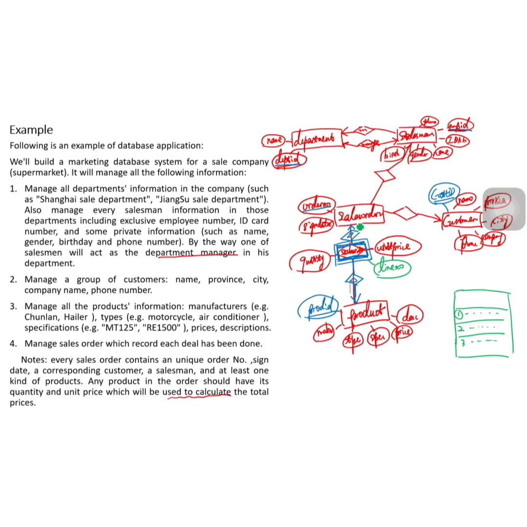We'll use the sales order number and line number to identify it. So then this is not a double diamond. The key is the order number and the line number to identify a sales item.